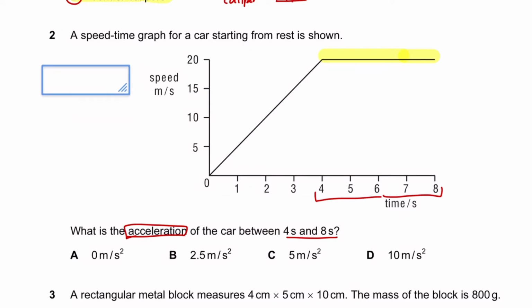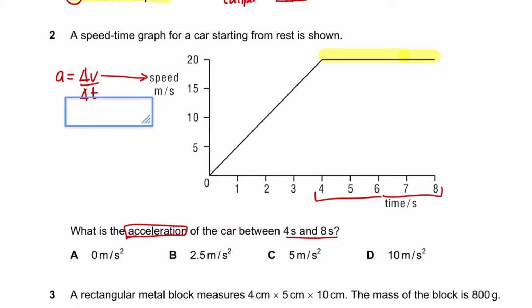First, we need to know the formula of acceleration. We know that acceleration is change in velocity divided by change of time taken. In this case, it's speed instead of velocity, but it's okay. We just need the numbers. We can solve this numerically, or we can solve this qualitatively. Let's solve this numerically first.